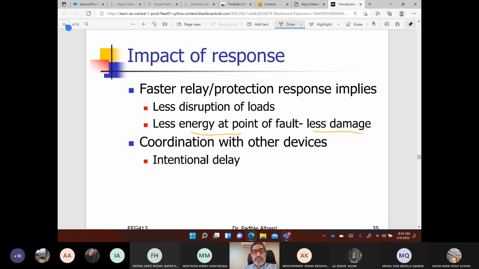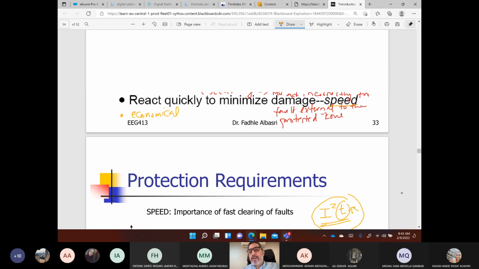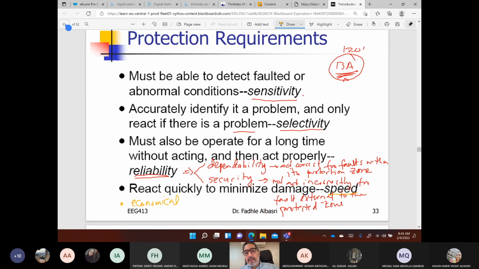Sometimes, although speed is very important, we have a contradiction in the requirements. I want to increase the speed, make it very fast, at the expense sometimes of selectivity. I lose selectivity, or at the expense of reliability.